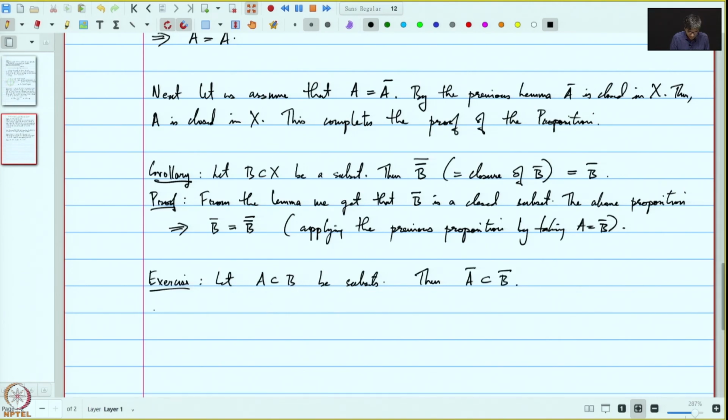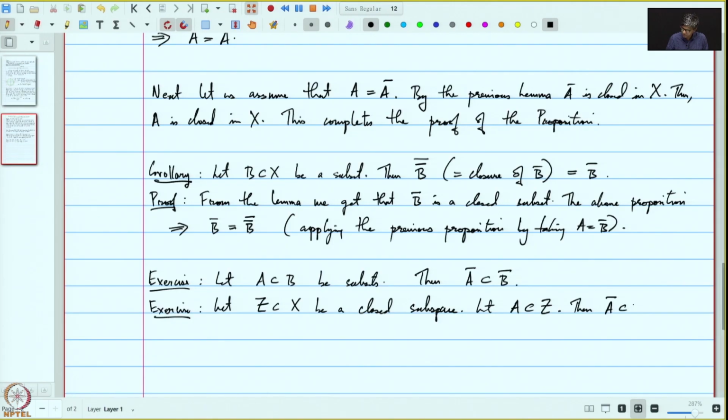And the second exercise is, so let Z contained in X be a closed subspace, and let A be a subset of X which is contained in Z. So then A closure is contained in Z.